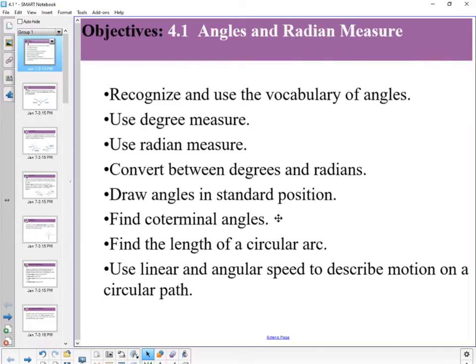Coterminal. Coterminal. What does that mean? What is coterminal? Guys, think back to 6th grade when you had to look at words and look at those pieces and break them apart and try to figure out what it means.